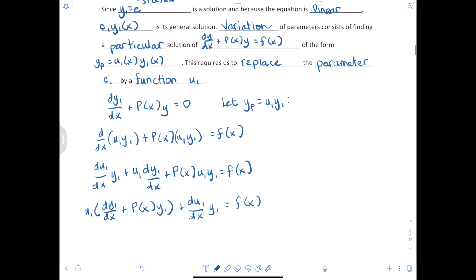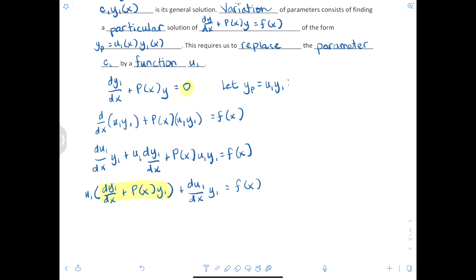Remember that all of this here is assumed to be 0, right? From up there. So this actually simplifies to y1 times du1 with respect to x is equal to f(x).